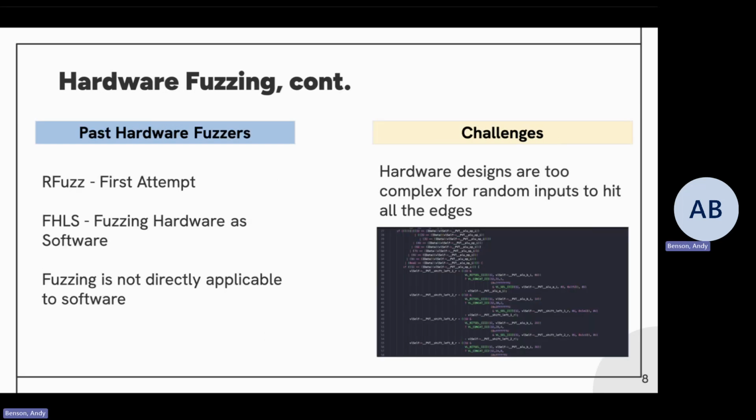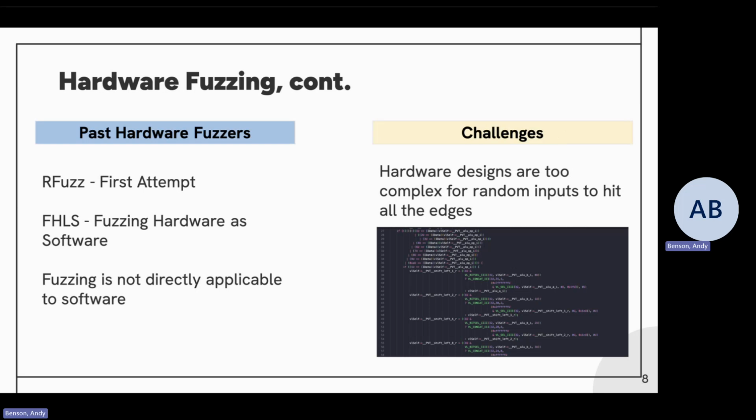Past efforts in hardware fuzzing have included such papers as RFuzz and fuzzing hardware-like software. RFuzz was one of the first efforts in the field, which converted hardware designs into software and used a re-implementation of the software fuzzer AFL to provide inputs to the device under test. The hardware designs for RFuzz were in FIRRTL.